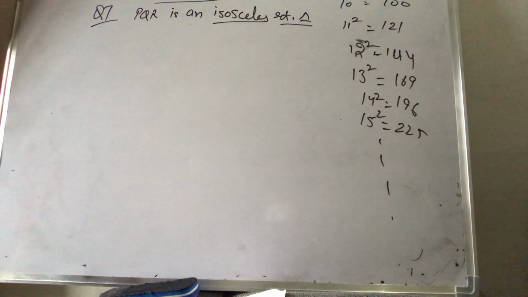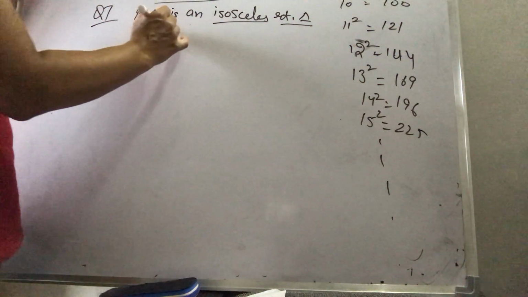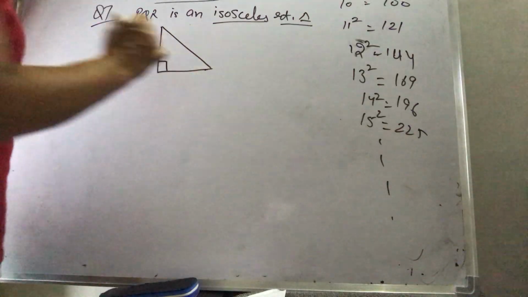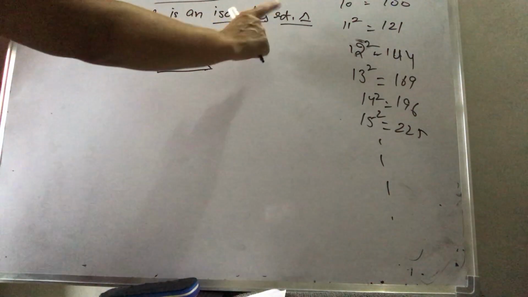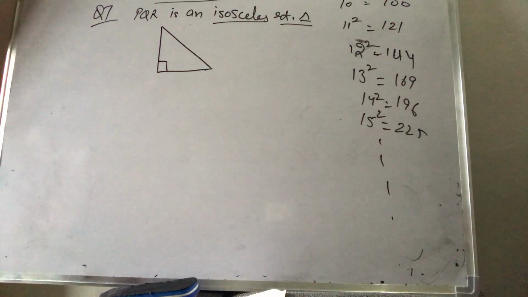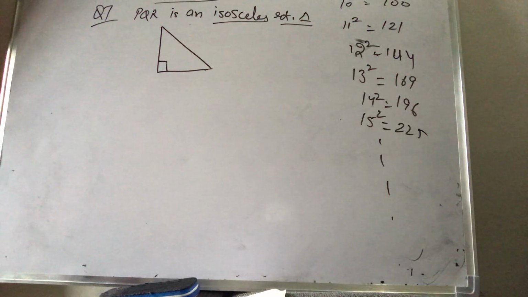First, understand the meaning of this type of triangle. It is an isosceles right triangle, which means one angle is 90 degrees, and isosceles means two of the sides are equal.